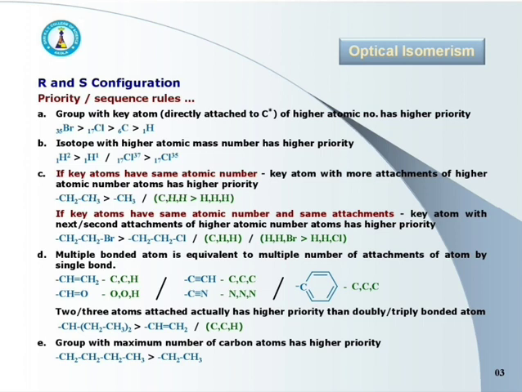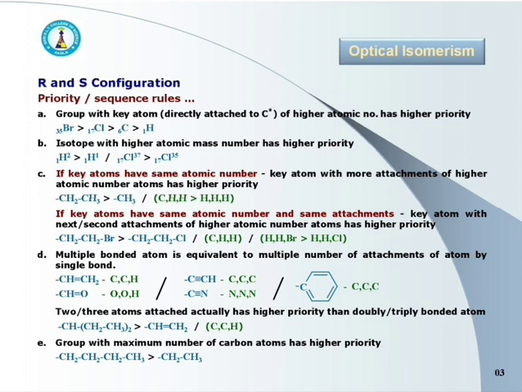But in the first, the carbons of the ethyl groups are actually attached to the key carbon, whereas in CH=CH2, the carbon of the CH2 group is doubly bonded to the key carbon, and hence the group CH(CH2CH3)2 has higher priority than the group CH=CH2.